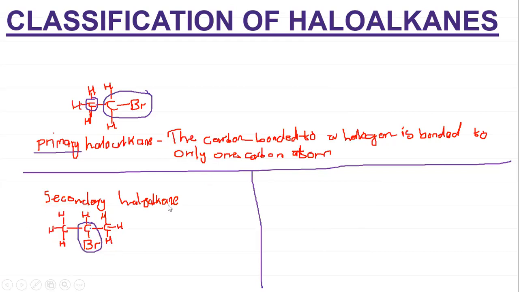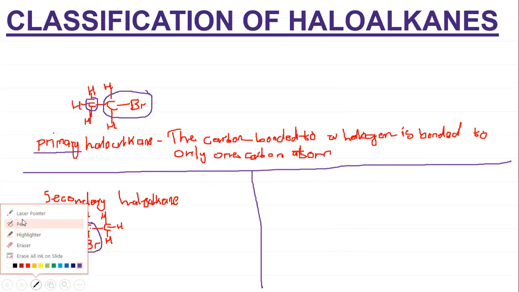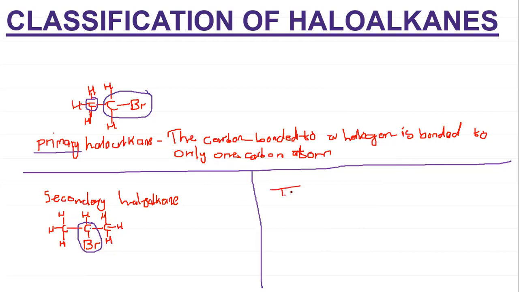Then let us do a tertiary haloalkane. For a tertiary haloalkane, you would have said, okay, it means the carbon that is carrying the halogen must be bonded to three carbon atoms.